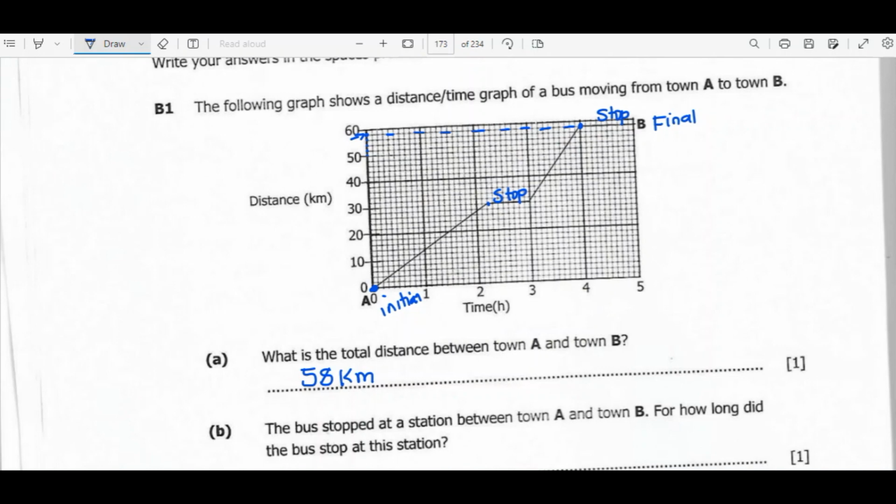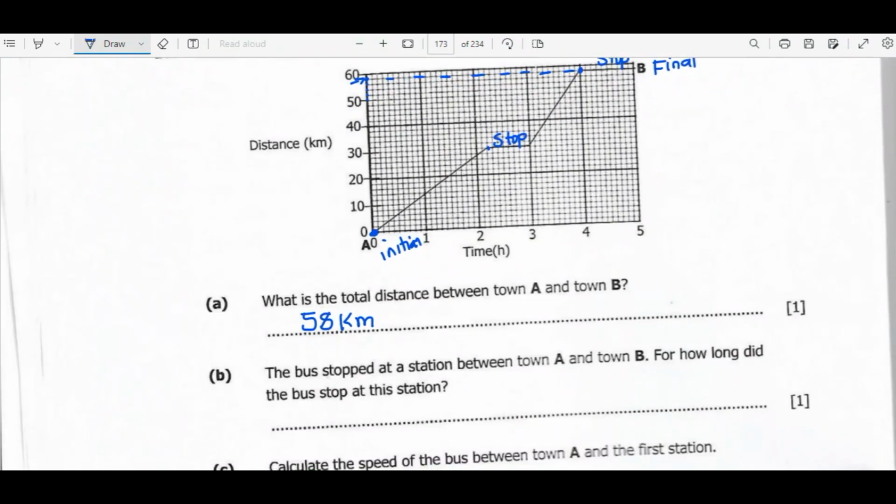We move on to question B. The bus stopped at a station between town A and town B. For how long did the bus stop at this station? The only station that we have between these two towns is this stop. The other stop was for the final. So what do you do to find the time? We want the time from here up to here.